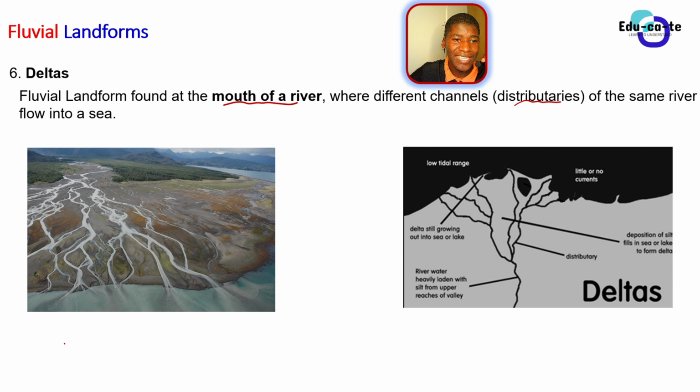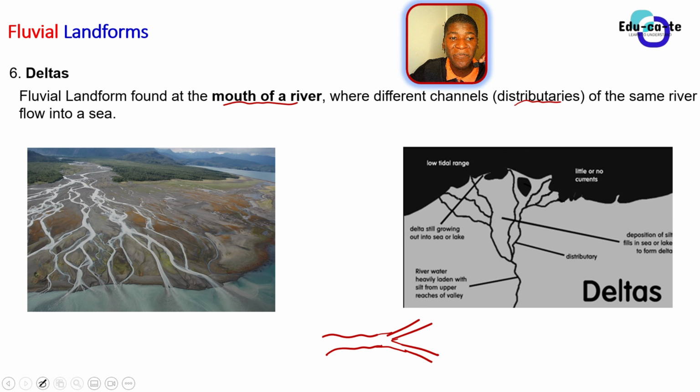So in a delta, we have one river, and that river is in its lower course, at the river's mouth, about to enter the sea, right? The river will split into smaller channels. Those channels are known as distributaries, because they distribute.